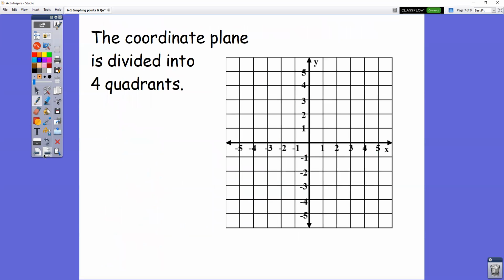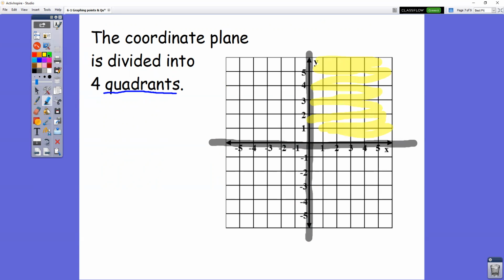So the last type of question talks about quadrants. The coordinate plane is divided into 4 different quadrants. If I follow my x axis and my y axis, we divide it into 4 separate areas. We have this yellow area right here.